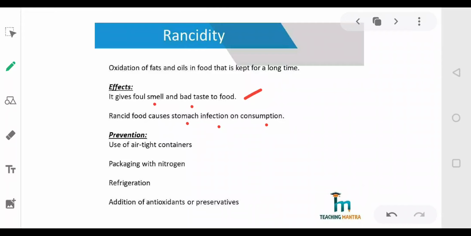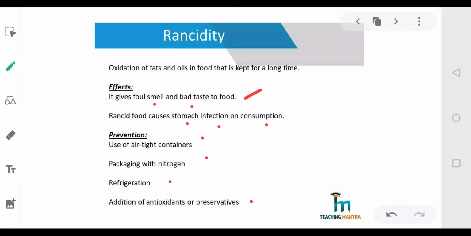Prevention of rancidity. How will we prevent it? First, use of airtight containers. You might have seen this in your house kitchen. Packaging with nitrogen. Refrigeration. That is why we keep foodstuffs in our refrigerator to prevent rancidity. And last is addition of antioxidants or preservatives.